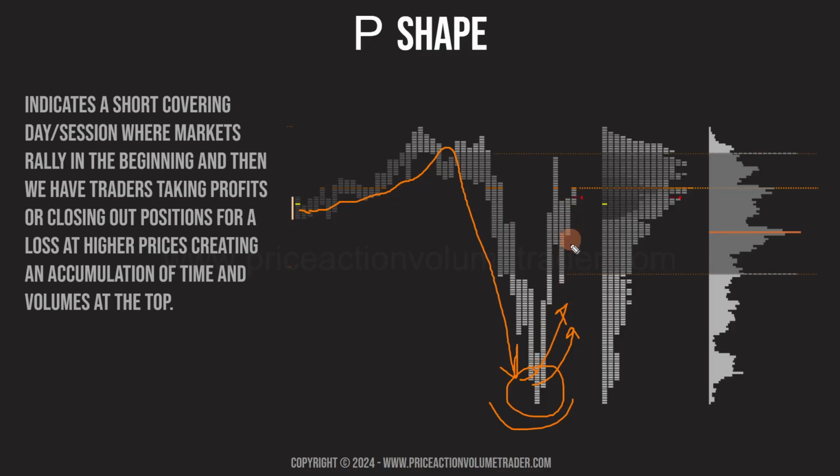Okay. And so in this case, we see that we're accumulating time and volumes near the top with a thinner profile near the bottom. So that means there's not really a lot of acceptance or time spent at these bottom levels.